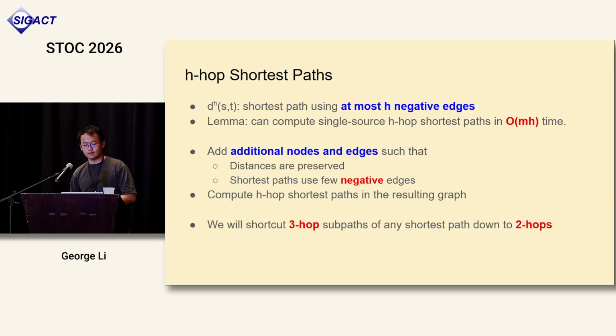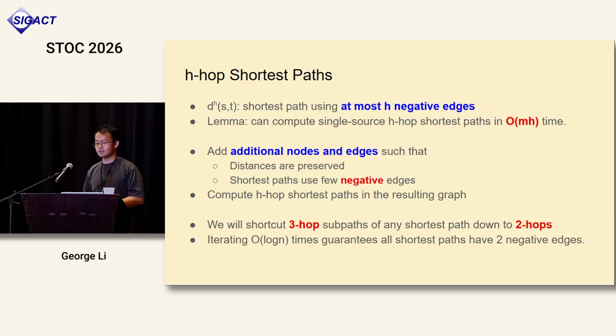So to be more explicit, we're going to design a shortcutting algorithm that shortcuts any 3-hop subpath of some shortest path down to 2 hops. So now if you consider an arbitrary, let's say, n-hop shortest path, and you partition it into 3-hop subpaths, and shortcut each of the 3-hop subpaths down to 2, you would have shortcut the entire path by a constant factor.